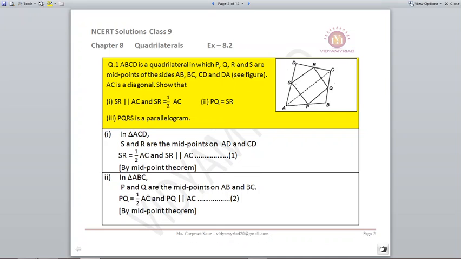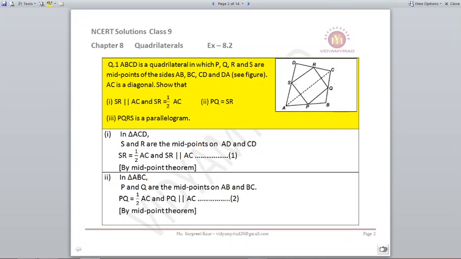In triangle ACD, S and R are the midpoints of AD and CD. So we can say that SR is half of AC and SR is parallel to AC as per the midpoint theorem. Let us consider it as equation number 1. In triangle ABC, P and Q are the midpoints of AB and BC.